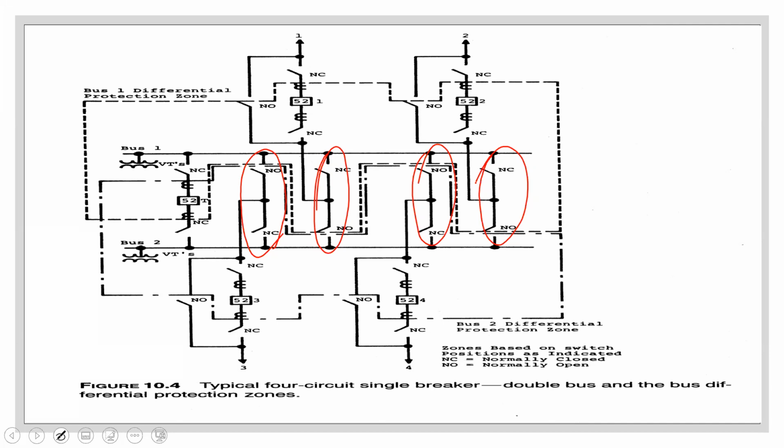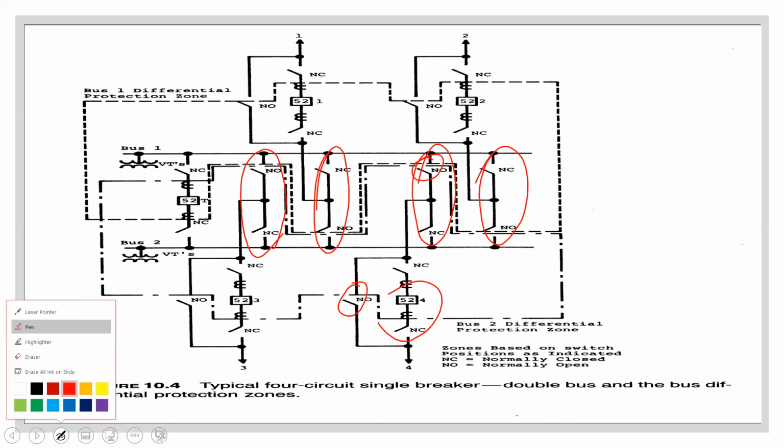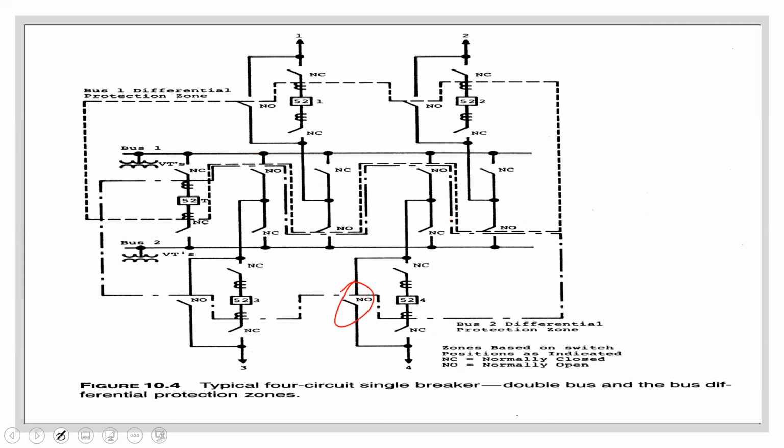Can we see that? Right. So in the event I have to take this out for service, I would then go to the normally open side. So I would close that and I would close that. So let me take out all of the ink here. So that would be closed and that would be closed if I have to take this out.